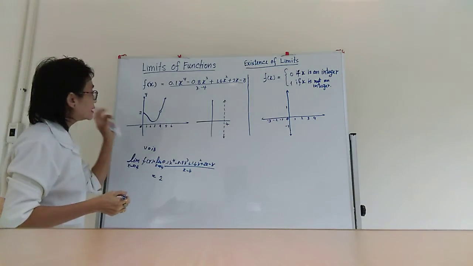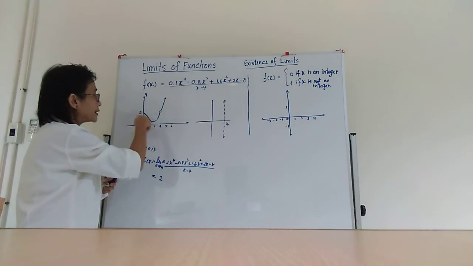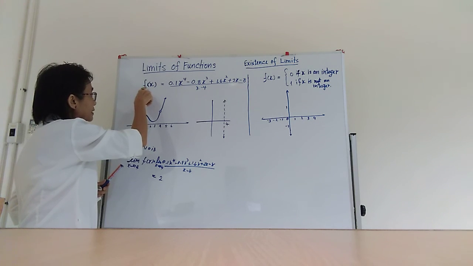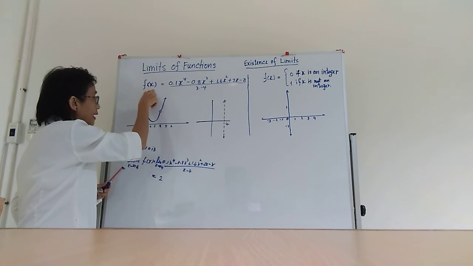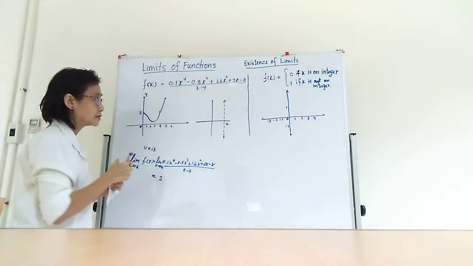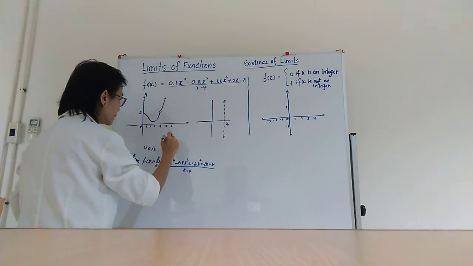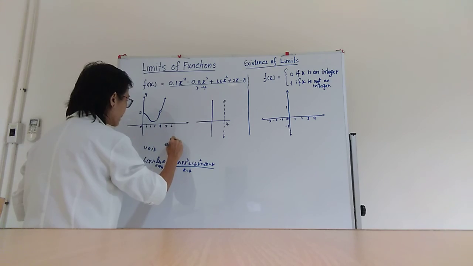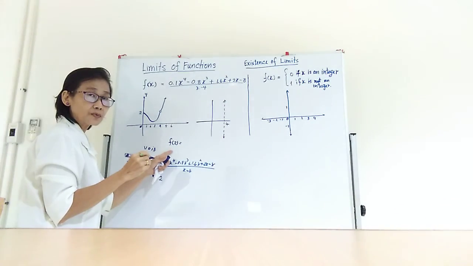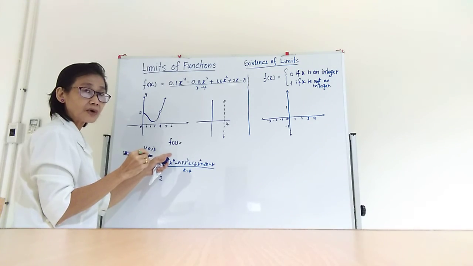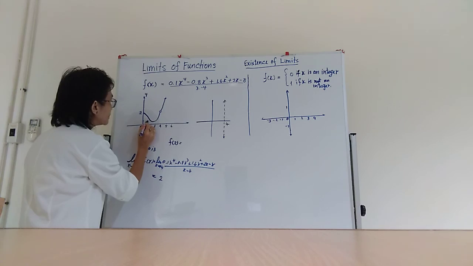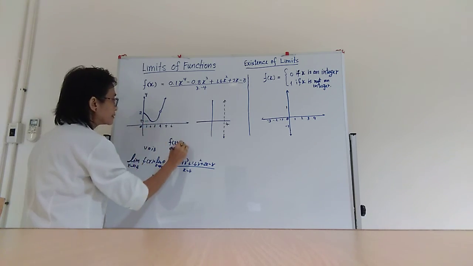Okay, if I come back to here, according to this graph, if I ask you for f of x when x equals 2, for example, from this graph, what are we going to answer? Y, that means 2, that means you make this point, right? So whatever is here, this is the answer, right? You write down.